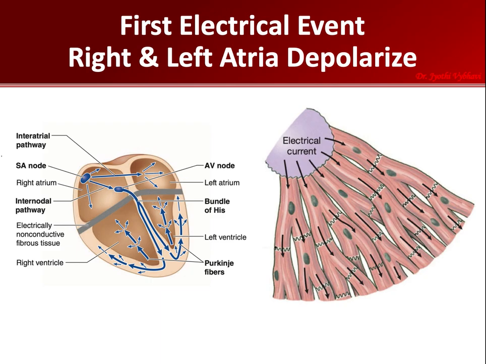Because the SA node is situated on the right side and upward. From here, electrical current is generated in the form of small vectors, moving downwards and leftwards. You have to remember that the right atrium and the left atrium are a syncytium, so electrical current sweeps simultaneously through both atria.